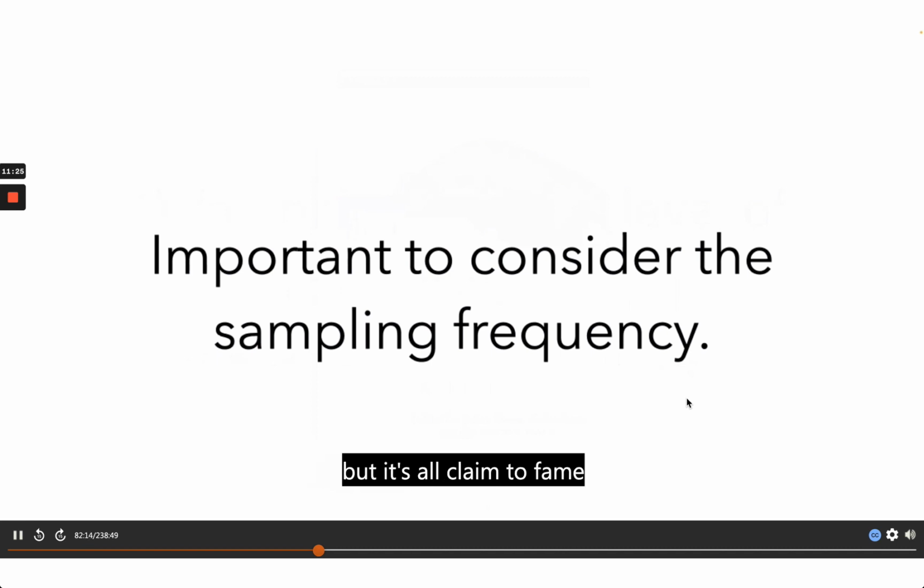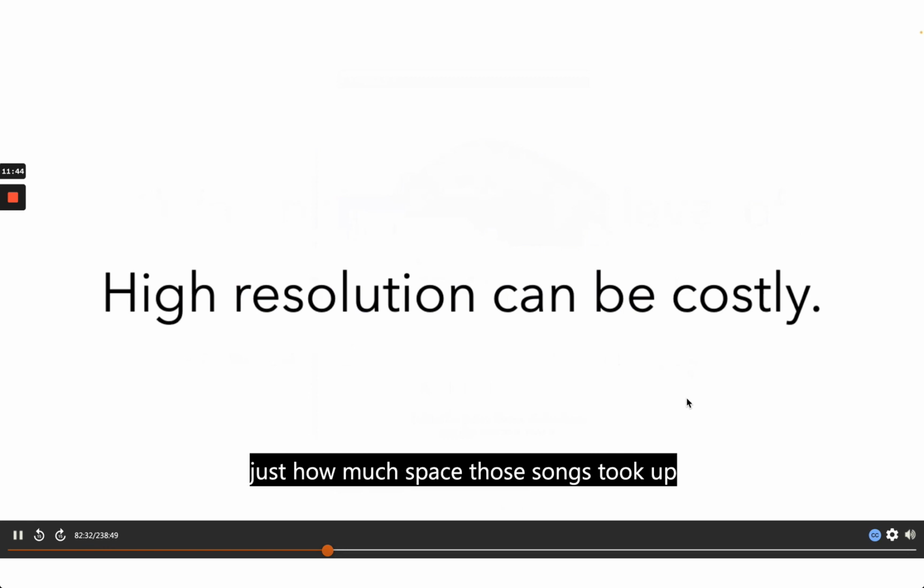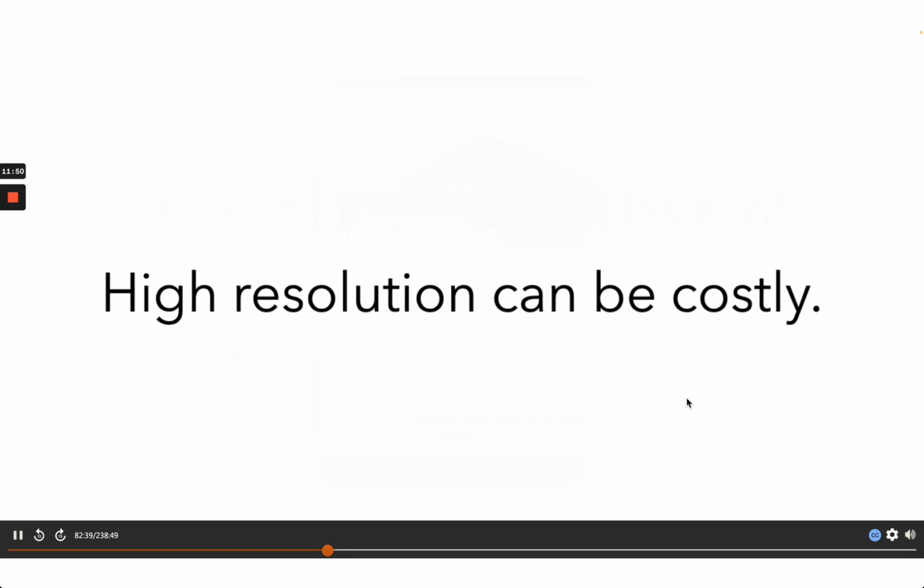But its whole claim to fame was that it was higher resolution, a higher sampling rate than the standard on iPods at the time. They were all bragging about how rich the music was and how deep, and it was so beautiful, and you could tell a difference. What they neglected to tell you is just how much space those songs took up compared to the way the iPod did it. And, of course, audiologists were quick to point out, yeah, you can't actually tell the difference, sorry.